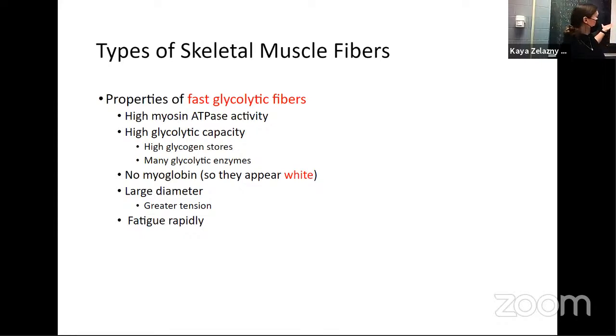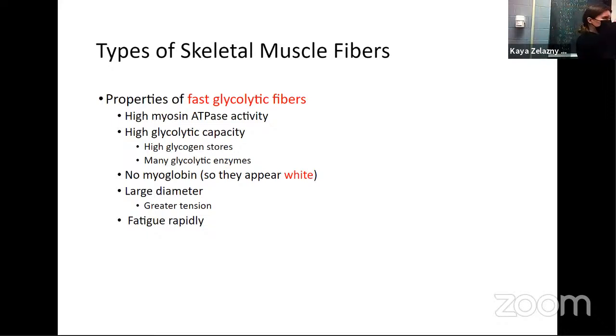Now, they don't need oxygen particularly because you don't need oxygen for glycolysis. So they don't have myoglobin. They don't need an oxygen store. This is why your white meat in your turkey is white. They don't have that myoglobin giving them that red color. They're larger in diameter, which means they can layer lots of myofibrils in parallel.